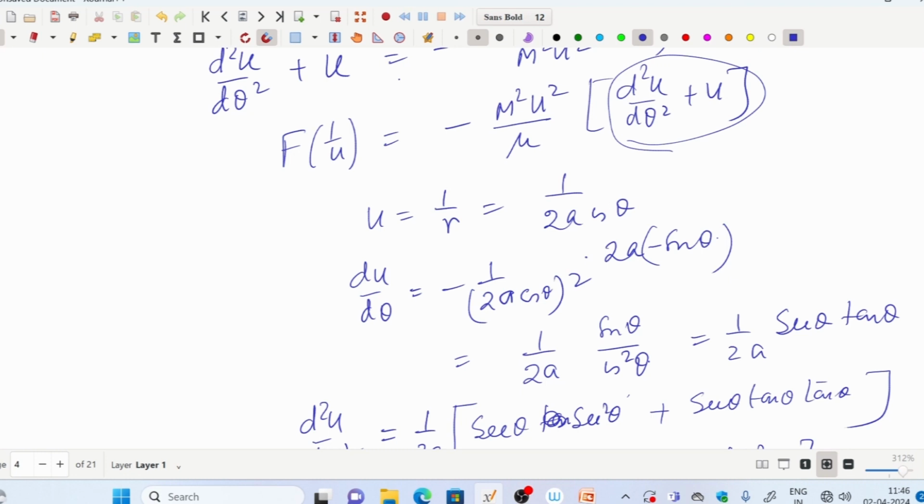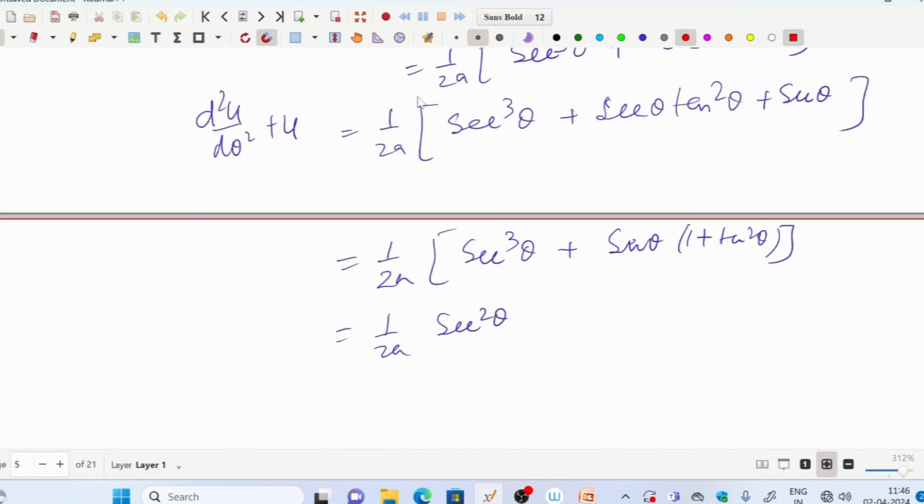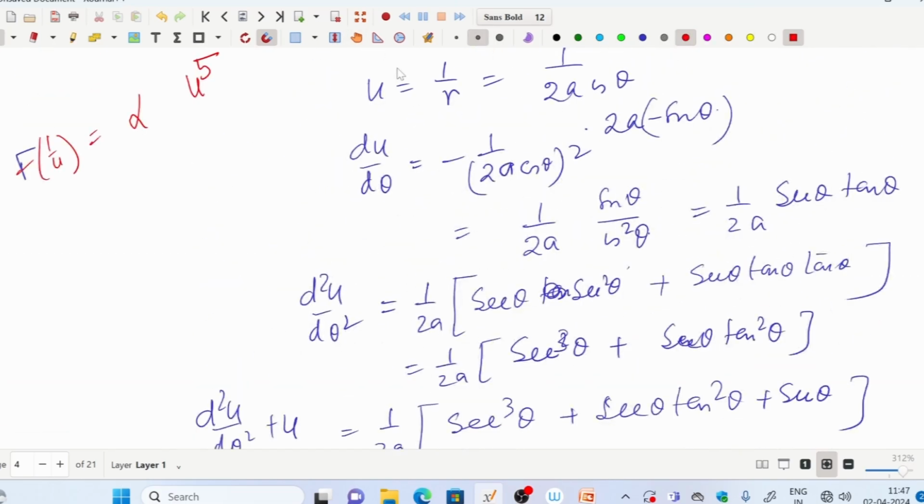So, f of 1 over u will be proportional to u to the power 5, because this is 2a times 2 sec cube theta, and u is 1 over 2a sec theta, so sec cube theta is u cube, and there is a u square. So, it is proportional to u to the power 5, that means proportional to r to the power minus 5.